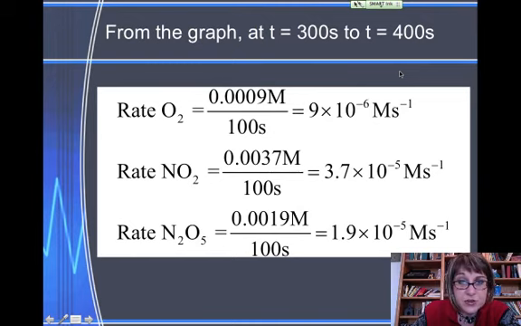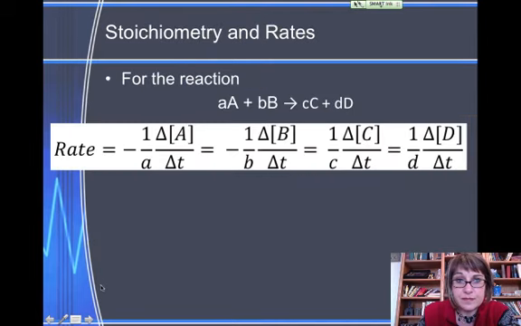And then for dinitrogen pentoxide, we would do the same process. We get 1.9 times 10 to the minus 5, because for every 1 oxygen that is produced, 2 dinitrogen pentoxides are consumed. So the rate of disappearance of dinitrogen pentoxide is twice the rate of formation of oxygen.